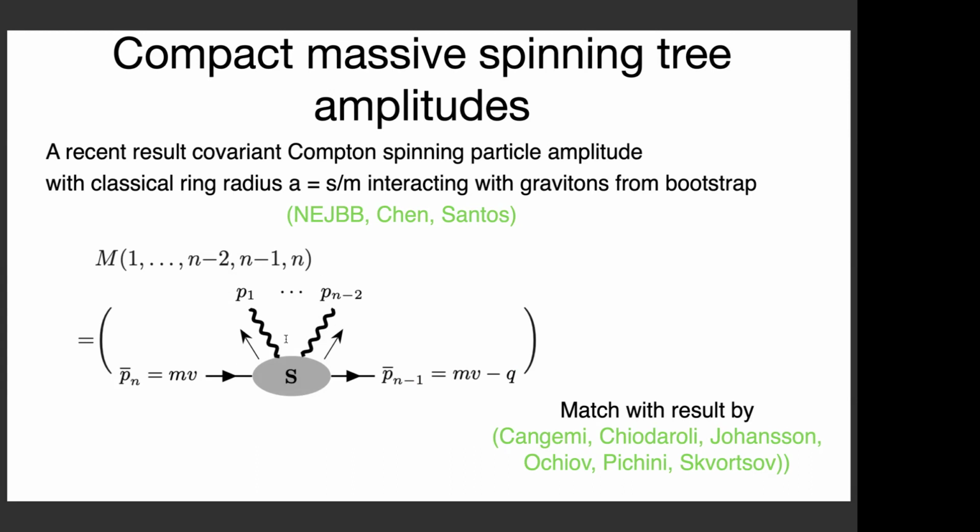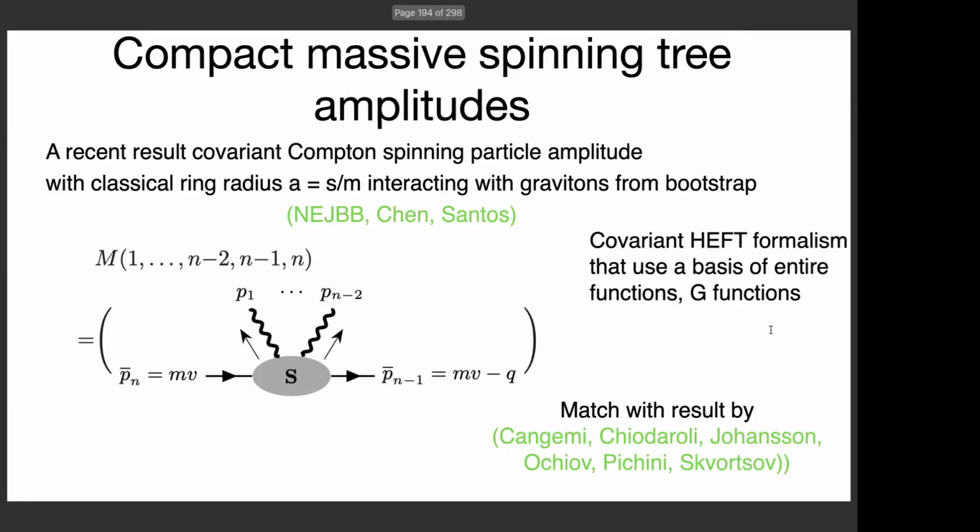And we derive this using a bootstrap. So everything is kept covariant and can be used as input in such a computation. And there's a very nice match of this result with the result of what has been going on in the Uppsala group. So there are some interesting amplitude directions in this to work out fundamental physics for amplitudes using these objects that are very symmetric and covariant.